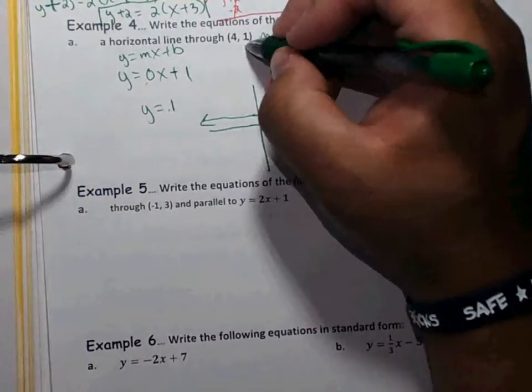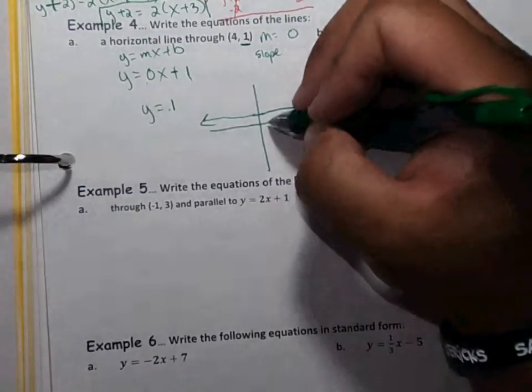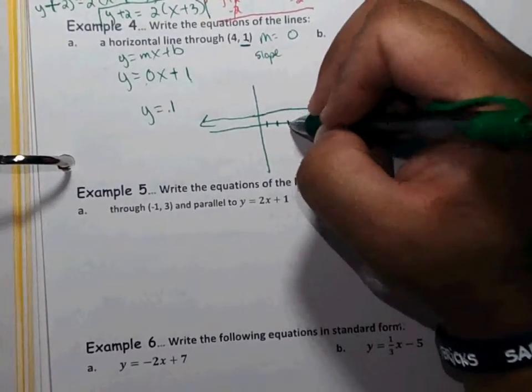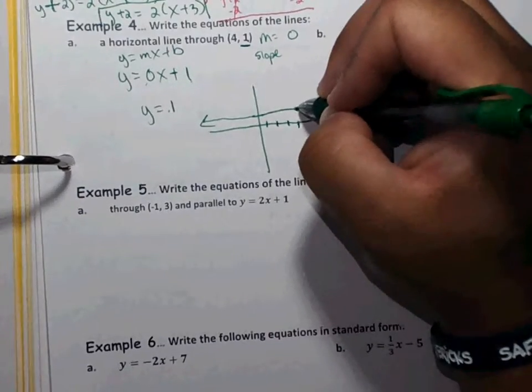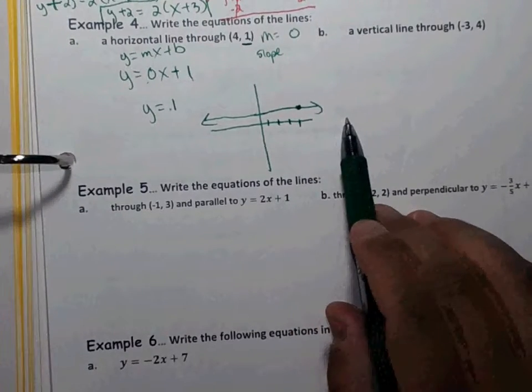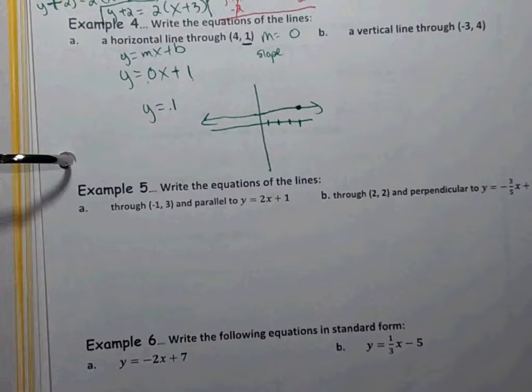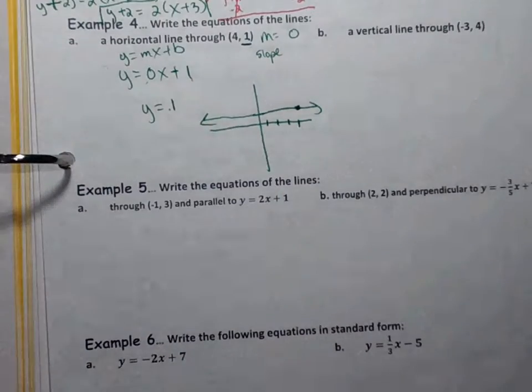And since they gave us a point that our graph goes through, we go over 1, 2, 3, 4, it's going to be equal to 1. And that's how we know what the 1 is for our equation. We can go over 999 times, it's still going to be 1. Because all values of x are going to be equal to 1 for y, if you have a horizontal graph.